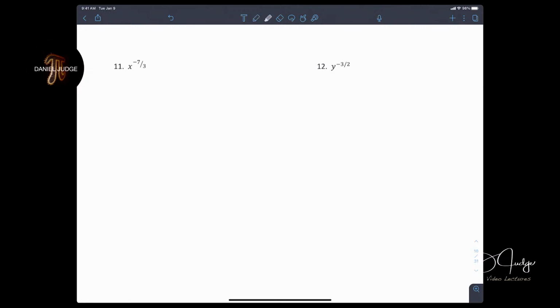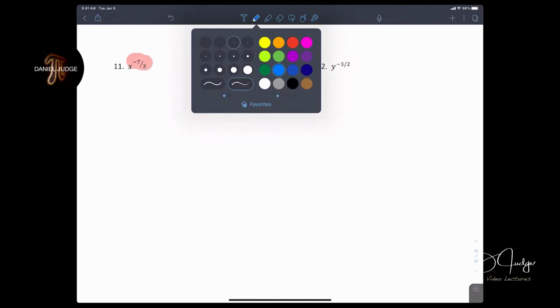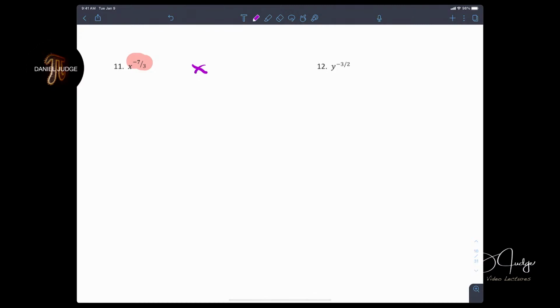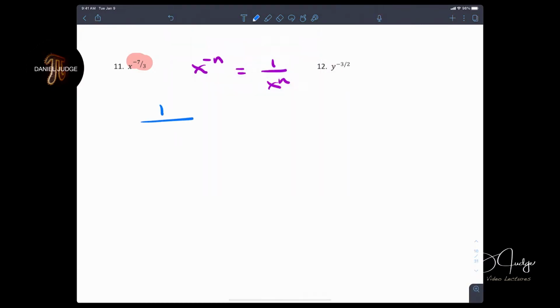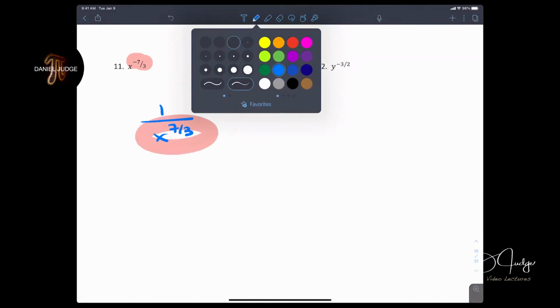And here you may notice you have a negative power. So this is negative 7/3. Now, remember from beginning algebra and even intermediate algebra, any exponential with a negative power is written as 1 over x to the nth power. So this is going to be 1 over x to the 7/3 power here. Now, you still need to simplify that radical down here.